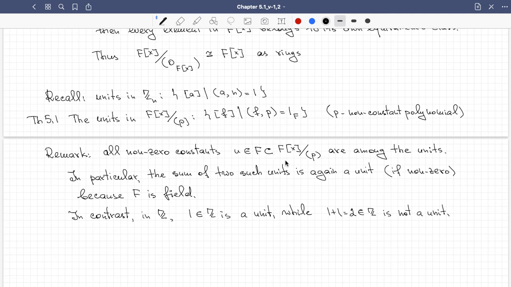In this case, not all units constitute a subring. If it is a polynomial, maybe your sum of two polynomials which both are relatively prime to p may be divisible by p.